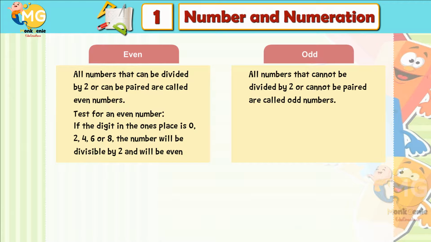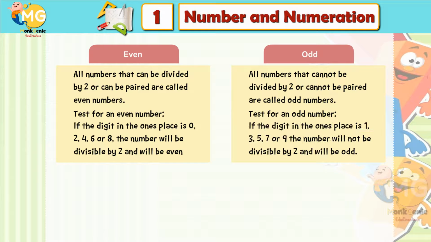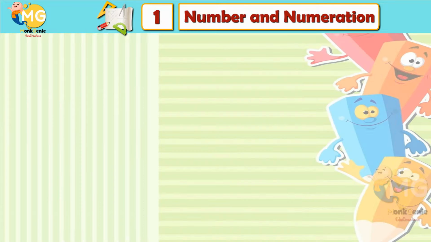Odd. All numbers that cannot be divided by 2 or cannot be paired are called odd numbers. Test for an odd number. If the digit in the ones place is 1, 3, 5, 7 or 9, the number will not be divisible by 2 and will be odd.